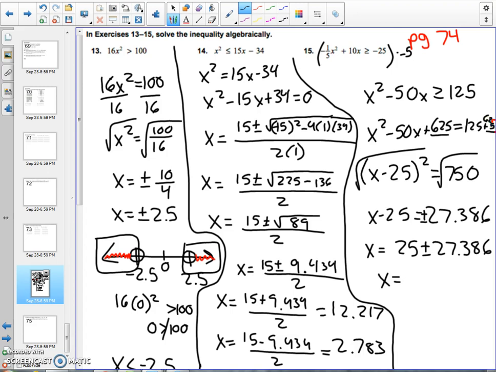So I'm going to do the adding. That gives me 52.386. And the subtracting.